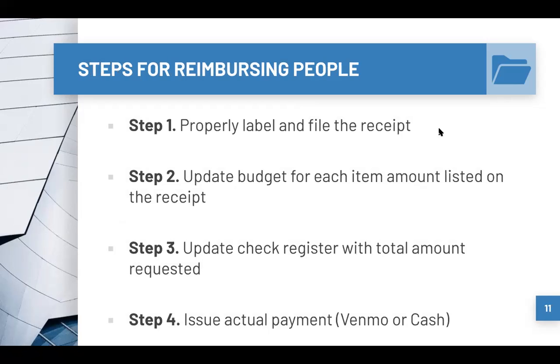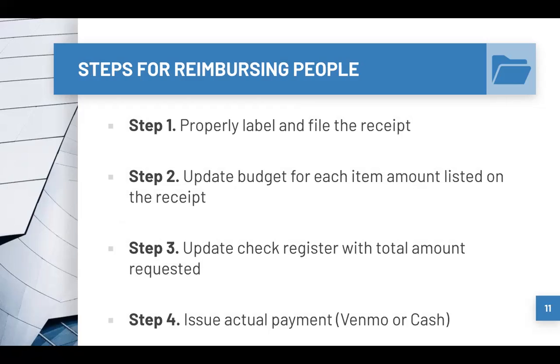Steps for reimbursing people. Step 1, properly label and file the receipt, putting it into the proper Google folder. Step 2, update the budget for each item amount listed on the receipt, so you put in all the expenses for people that are getting reimbursed.